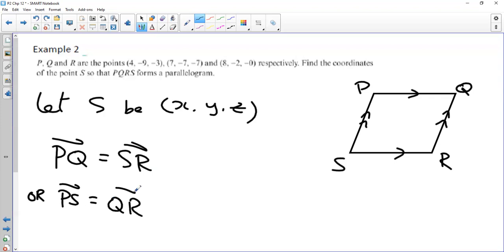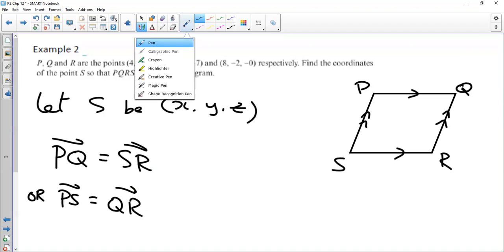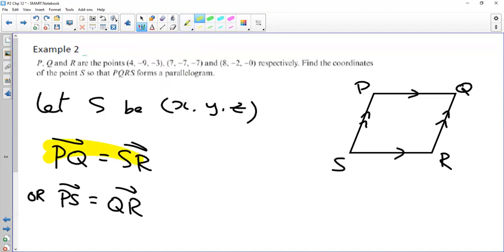So you just have to use either one of them. Let's say we choose the first one. It doesn't matter which we use, to be honest.